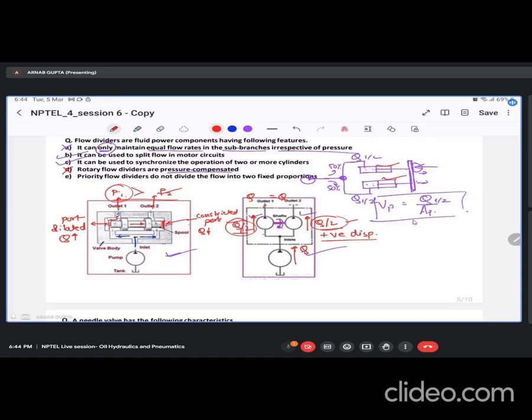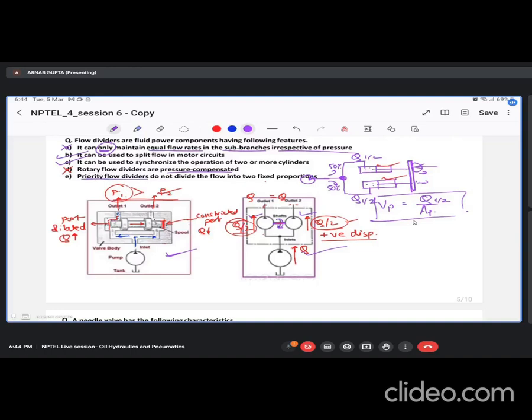Priority flow dividers do not divide the flow into two fixed proportions. This is again true, because by the name itself you can understand that priority flow dividers are not designed to divide the flow into equal halves or equal proportions.